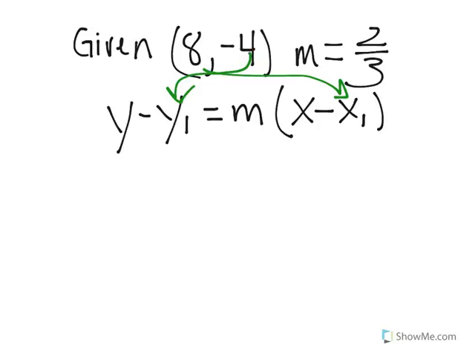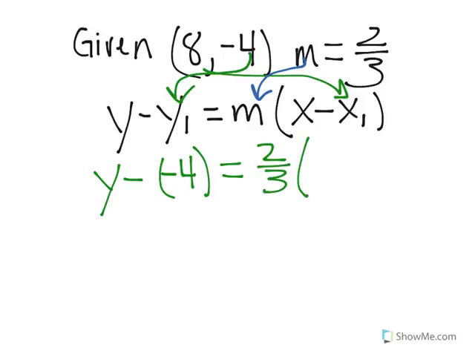So we have y minus a negative 4 is equal to, and then we'll also plug in this slope, m, is equal to 2/3 times the quantity x minus 8.